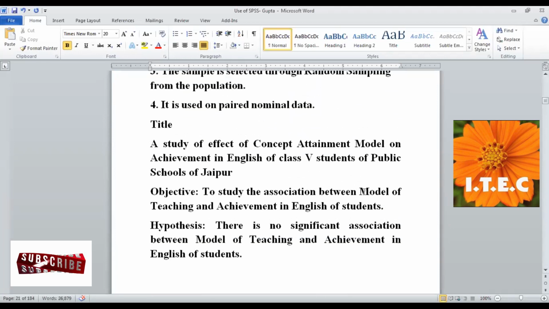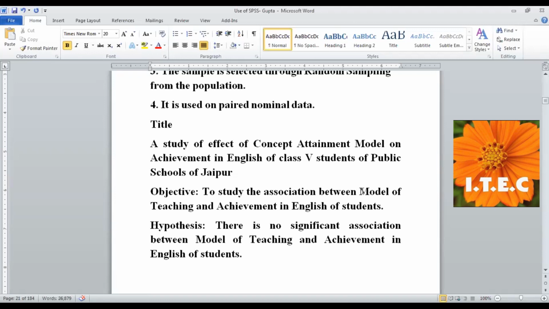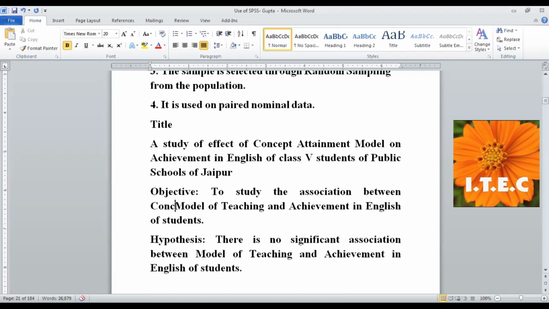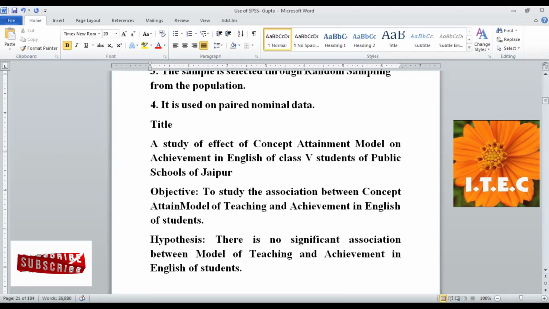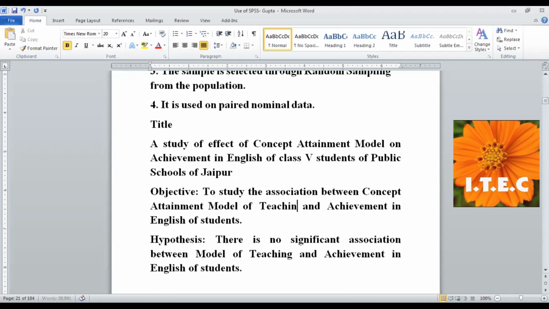So here also I can write concept attainment model, no problem.